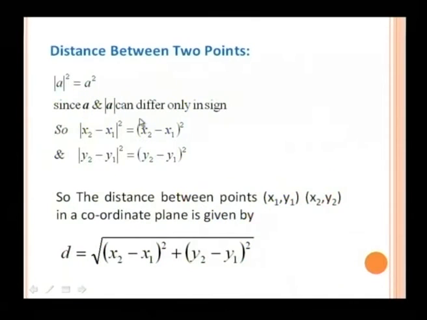Since A and modulus A can differ only in sign, we can consider modulus of x2 minus x1 whole square equal to x2 minus x1 whole square, and modulus of y2 minus y1 whole square equal to y2 minus y1 whole square. So using these two equalities, finally the distance between points x1, y1 and x2, y2 in the coordinate plane is given by distance equal to the square root of x2 minus x1 whole square plus y2 minus y1 whole square.